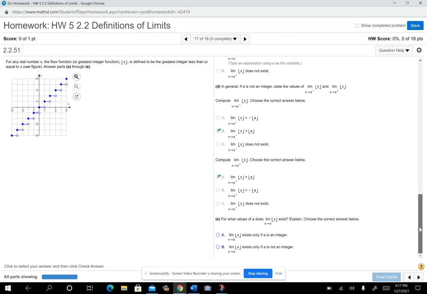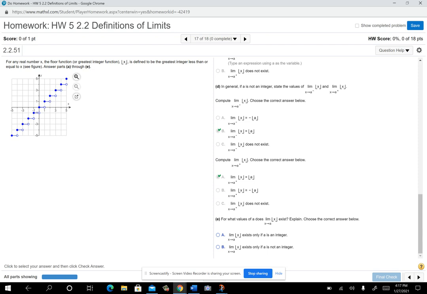Then the next one says, for what values of A does the limit exist? So you notice that on part D, we got the same thing. When A was not an integer, we wound up getting both limits from the right or from the left of A to be the floor function, the greatest integer function with an A in it.